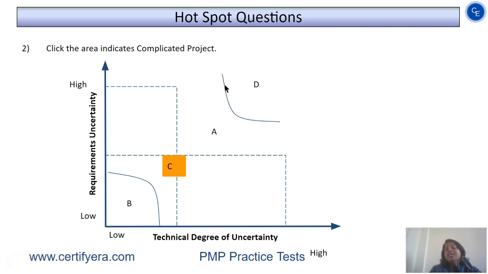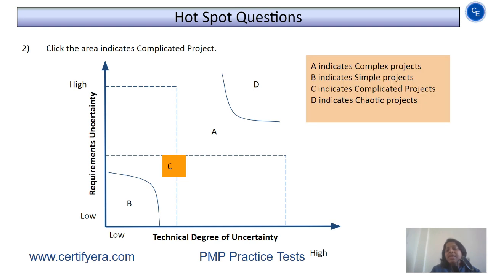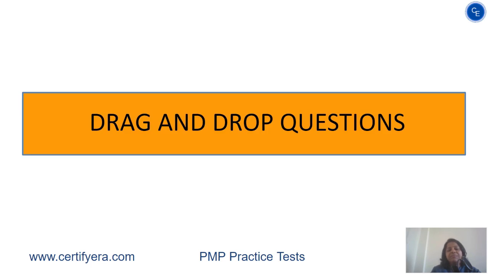And for managing chaotic region projects, we might have to adopt adaptive approaches, sometimes hybrid approaches, sometimes a mix of multiple approaches, so as to deal with that level of uncertainty present in those projects. This is an example of a hotspot question. Such questions are expected in PMP exams, so please be prepared and practice well with such questions.